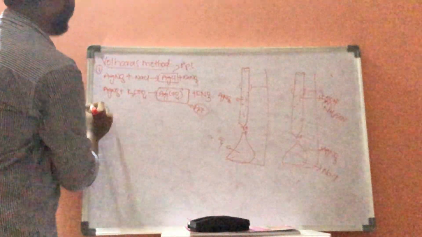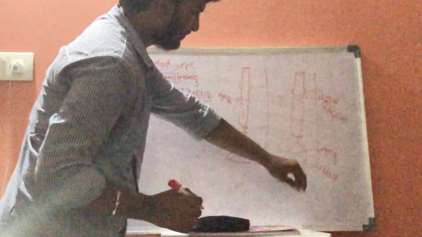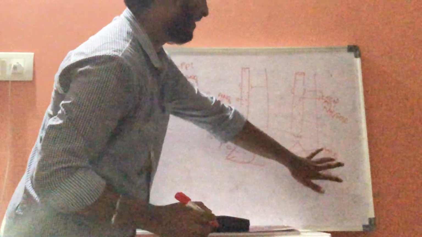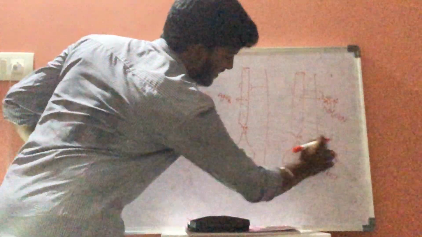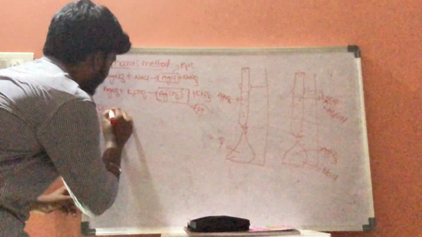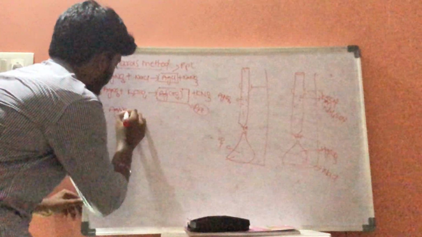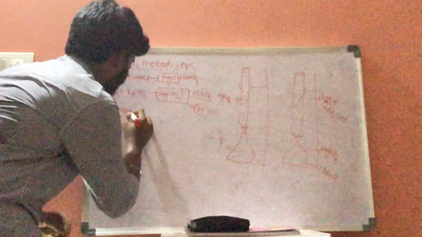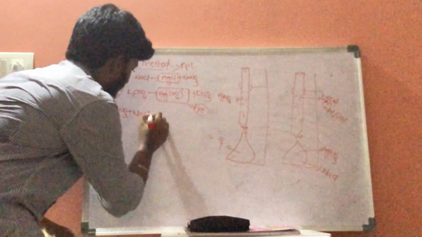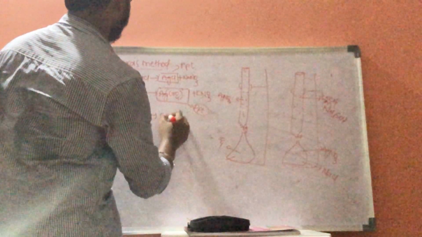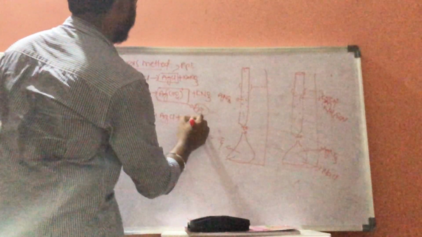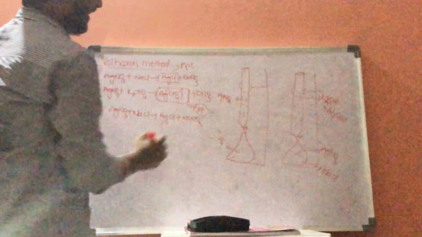Now in the second step, let us consider silver nitrate. It will react with NaCl to form AgCl plus NaNO3.